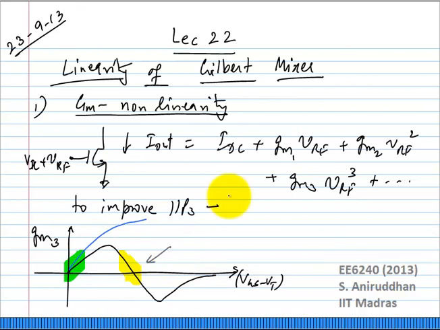So normally you want to increase VGS minus VT. Now at a particular current, let us say your current consumption was fixed. How would you increase VGS minus VT? By decreasing the transistor size.